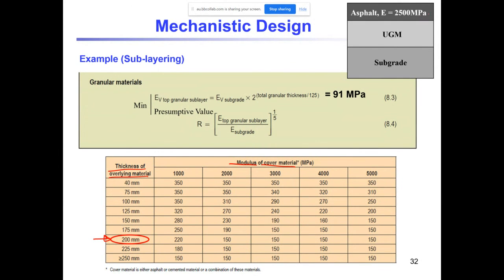The cover material is asphalt here, and its modulus is 2500 MPa. So 2500 is between these two, and the value that you read for both of them is 150. So the table will give us 150 MPa.